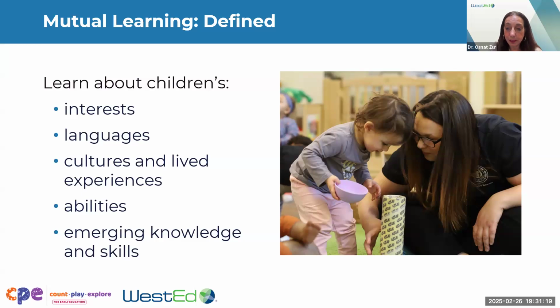What interests them? How do individual children approach mathematical problems, how do they show their thinking? Some children may use their fingers, others may use language. They can be drawing their thinking and explaining how they solve the problem. And also, in what ways do they experience math at home?